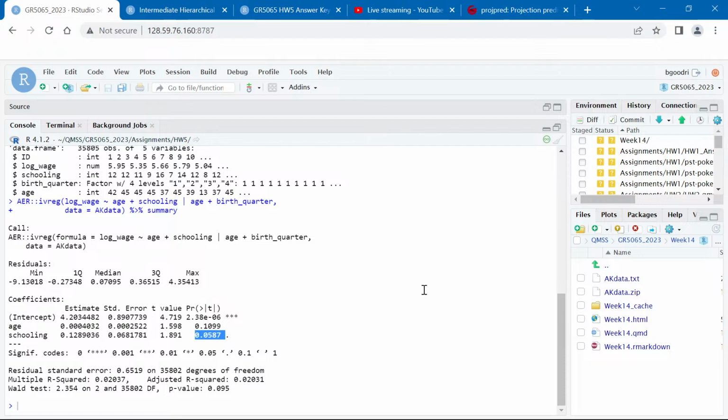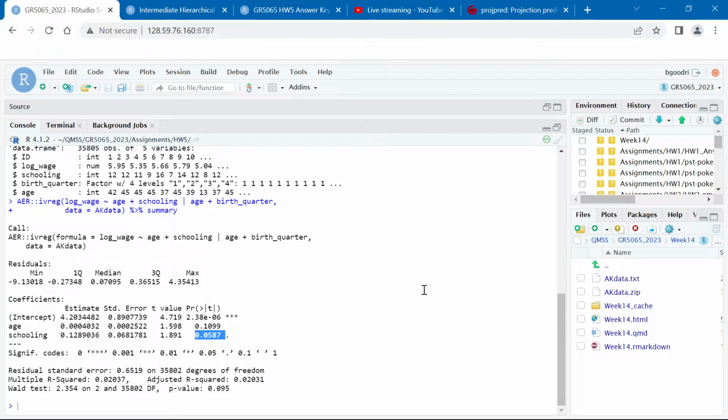But it's not actually what happens in reality. When people get a p-value of 0.0587, they don't just say, okay, we failed to reject the null hypothesis that the causal effect of schooling is 0. They're like, we reject the null hypothesis that the causal effect of schooling is 0 at the 0.1 level. Or this is marginally significant, suggestive, whatever.